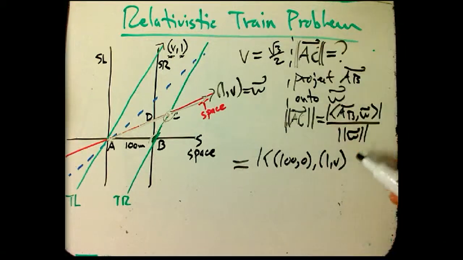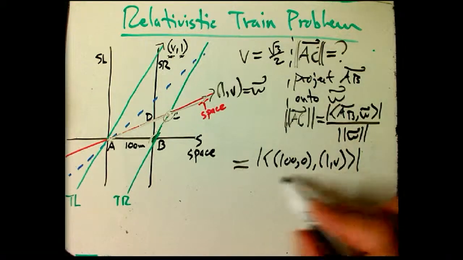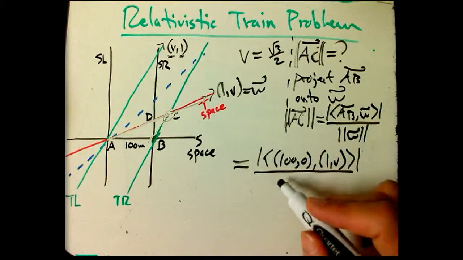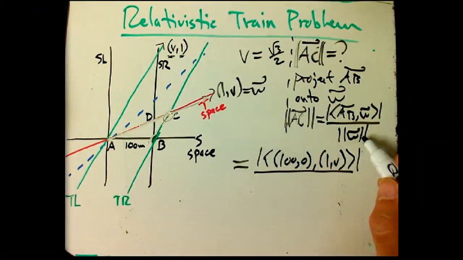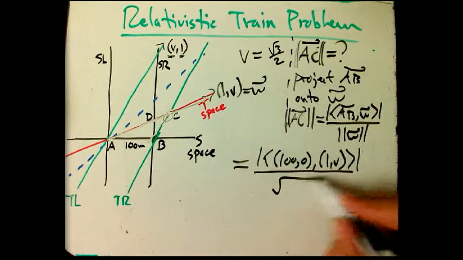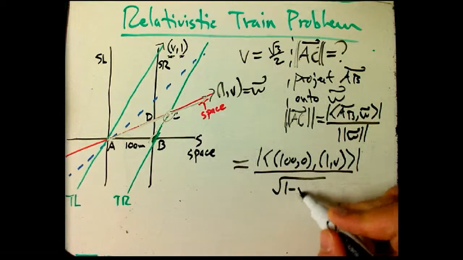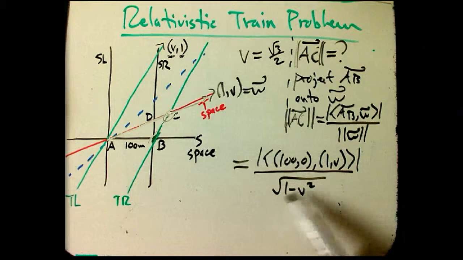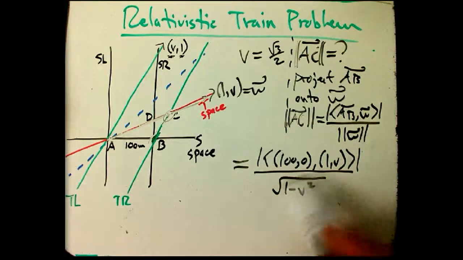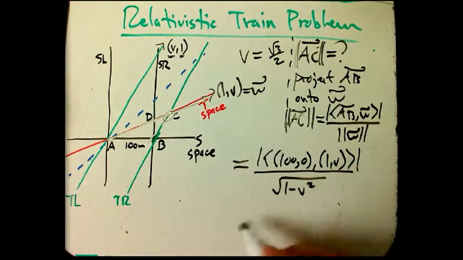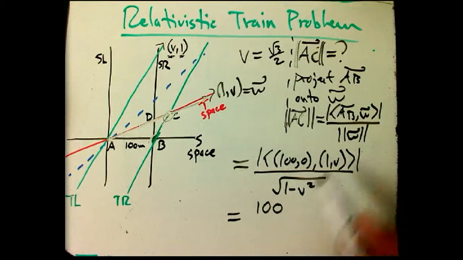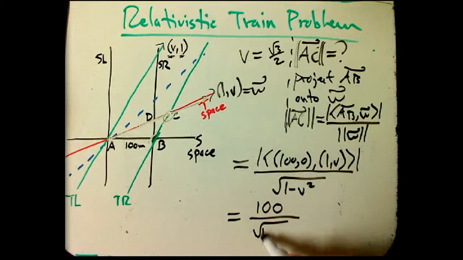Eventually I'll put in the explicit numerical value for v, but I want to show you something in terms of the variable v first. This is divided by the magnitude of (1, v), which is just the square root of 1 minus v squared, because it's not a squared plus b squared, it's a squared minus b squared. That's the Minkowski magnitude, and that quantity is going to be very important. Up here it's very simple, it's just 100, because the 0 doesn't pair.